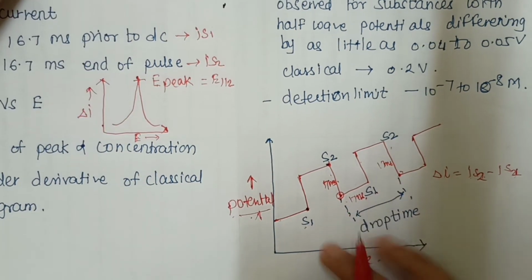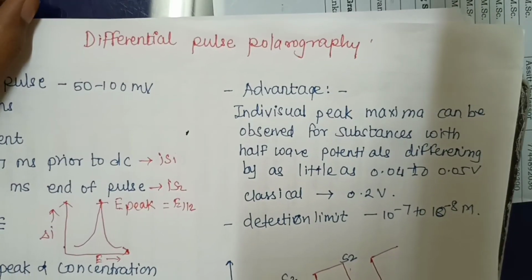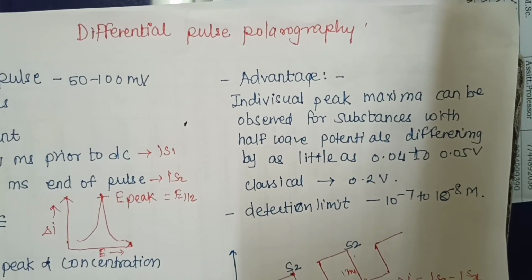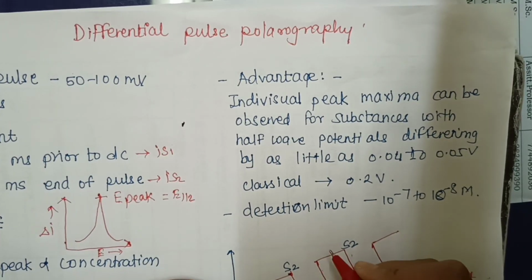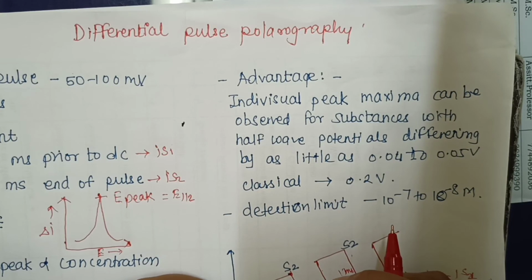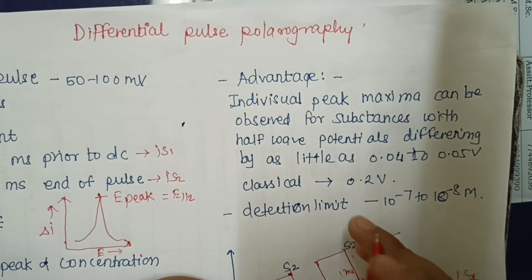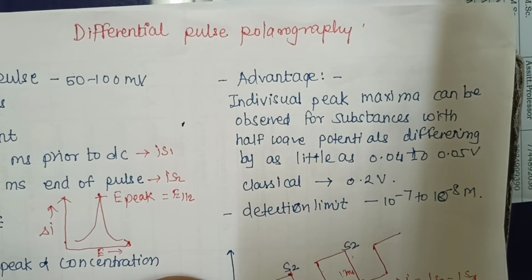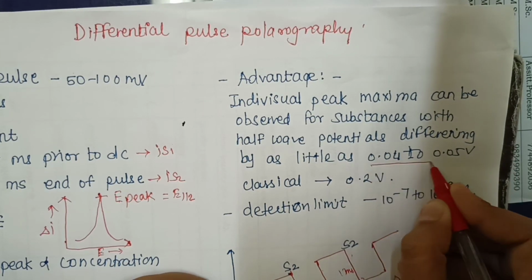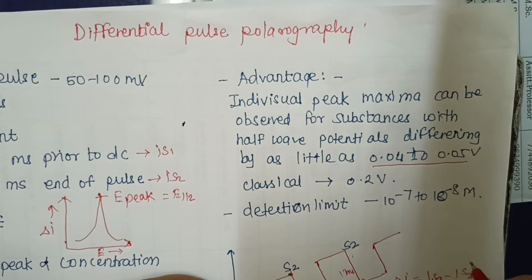It has one advantage. In this technique we can determine individual peak maxima for substances whose half wave potentials differ by as little as 0.04 to 0.05 volt.